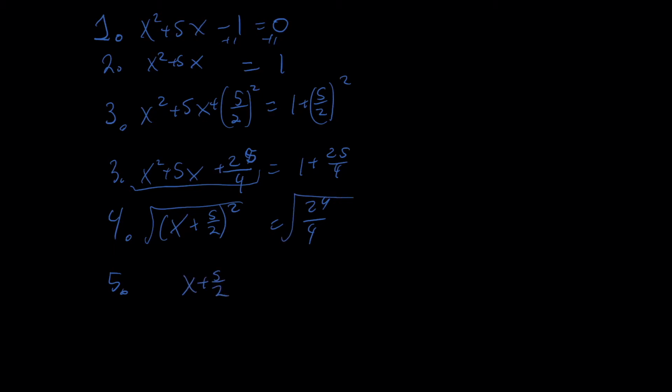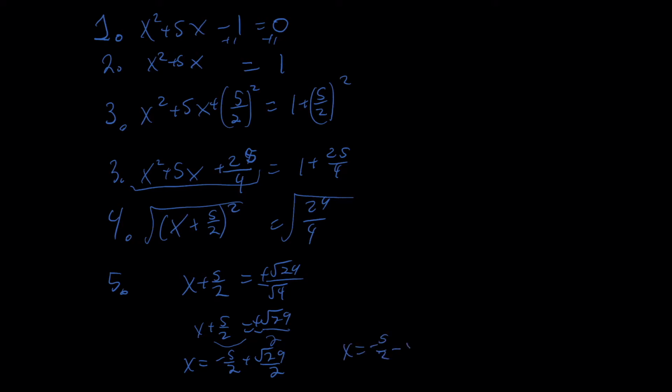I can now use the square root property in order to simplify this. So I get x plus 5 halves equals the square root of 29 over the square root of 4. Well, that's just 2. But it's got to be plus or minus. So now I can solve. I've got x equals negative 5 halves plus the square root of 29 over 2, and I have x equals negative 5 halves minus the square root of 29 over 2.